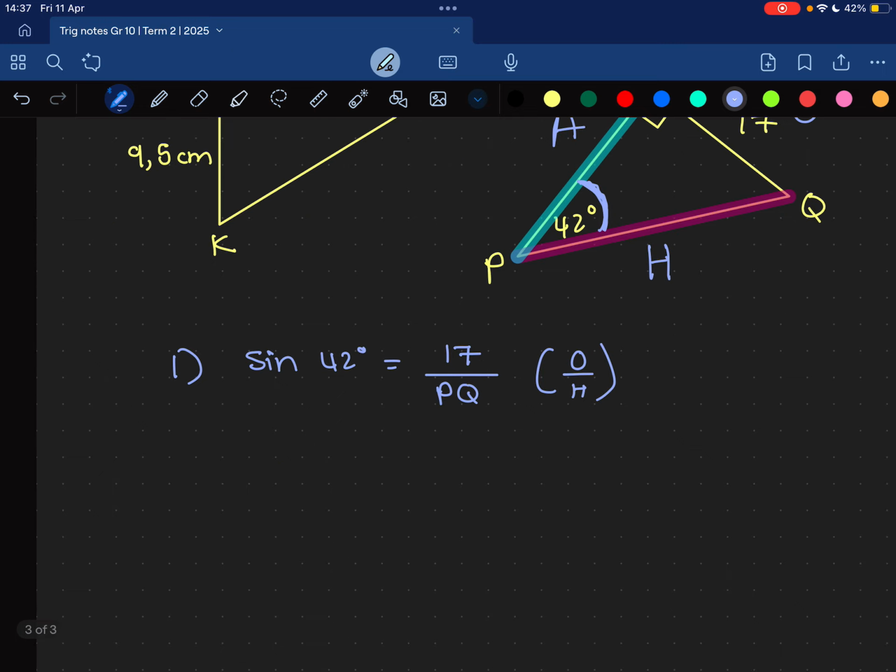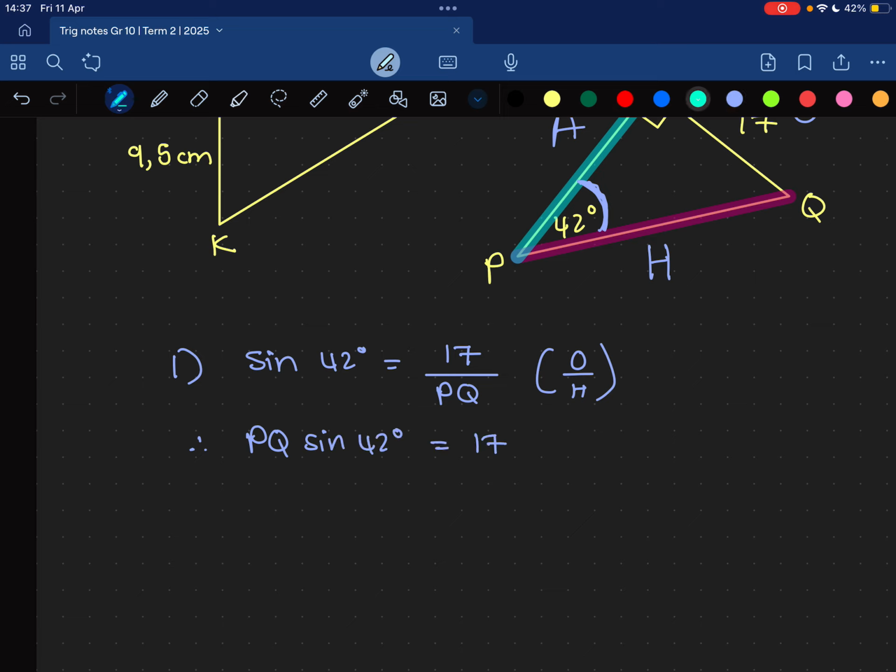So now do not make this mistake. Okay, remember that you want PQ on its own, but now you see it's at the bottom here. So the only way to get rid of the fraction is to multiply by PQ on both sides. So that will give me PQ sine of 42 is equal to 17.